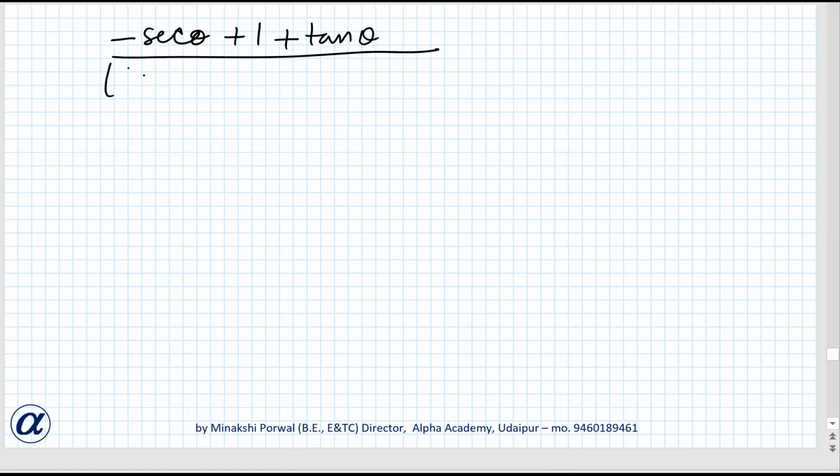So I'll replace sec square theta minus tan square theta by 1. I am writing minus sec theta plus 1 plus tan theta upon (tan theta plus 1 minus sec theta) into (sec theta minus tan theta).